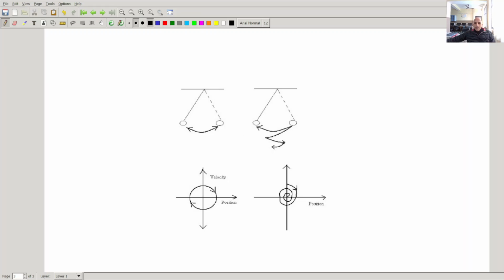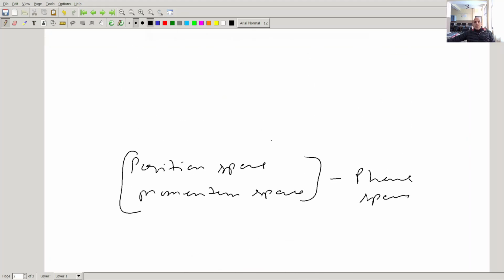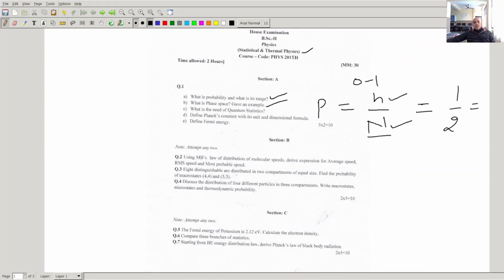But this pendulum is undergoing disturbance. Then its trajectory of phase space will become like this. It ultimately gets stopped here. So you can give an example in this way of a simple pendulum or a simple harmonic oscillator, or a large number of examples are there which you can quote for phase space, right?